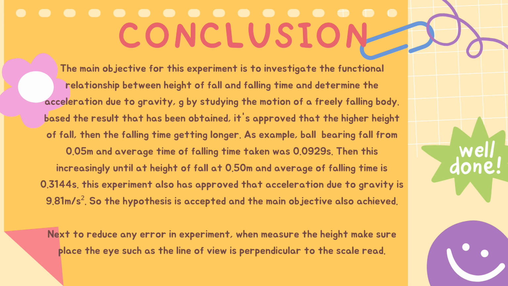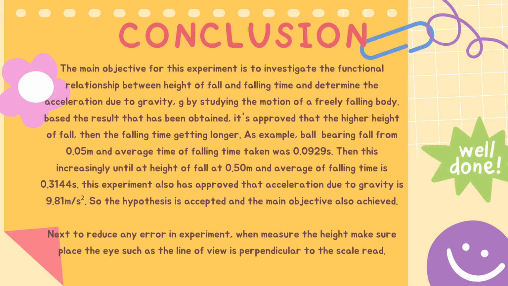Then this increased until at a height of fall of 0.50 m the average falling time is 0.3144 seconds. This experiment also proves that acceleration due to gravity is 9.81 meter per second squared. So, the hypothesis is accepted and the main objective is also achieved.